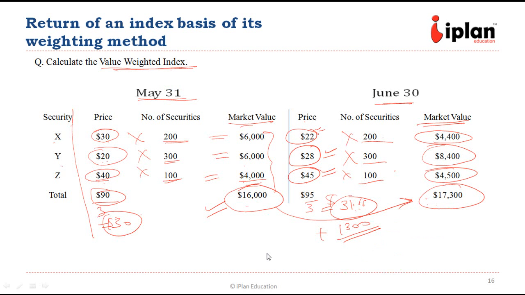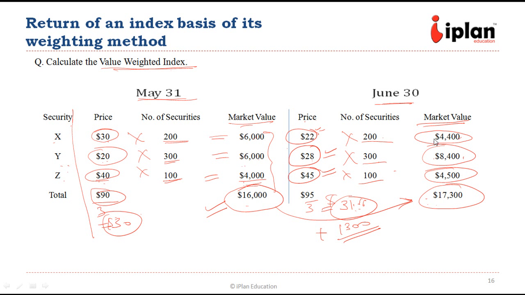Here the market value is highest in X and Y, lower in the case of Z. So changes in X and Y will be more prominent. Here there has been a drop of 6, here there has been an increase of 8 in the price, and the change in market value is 6,000 to 4,400 and 6,000 to 8,400 here.